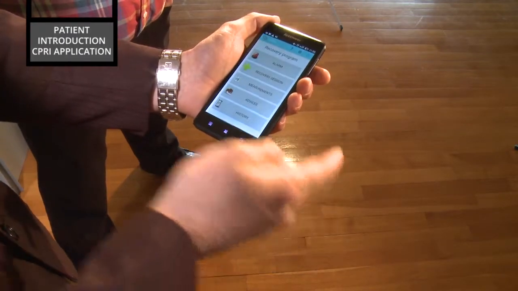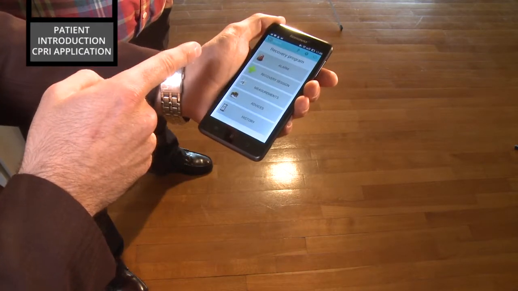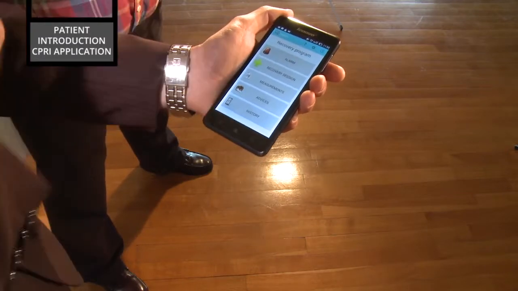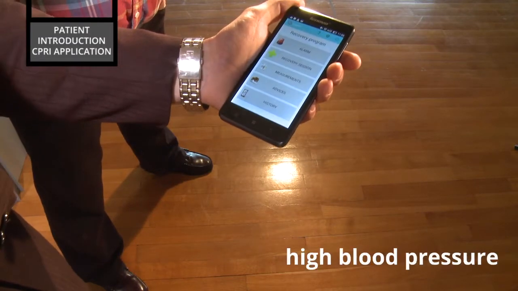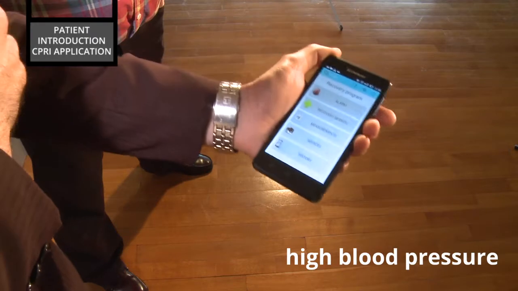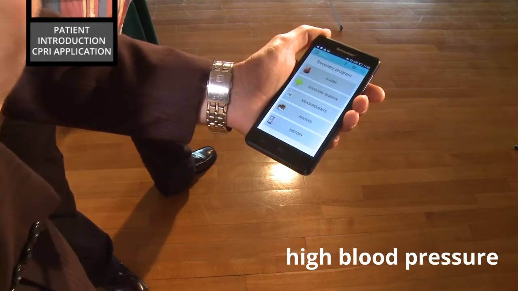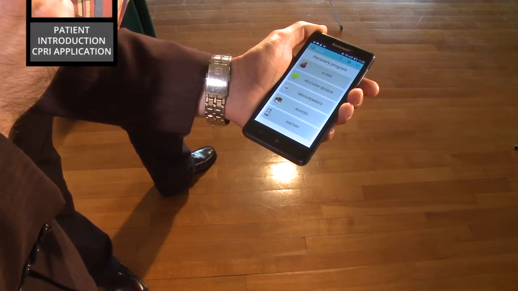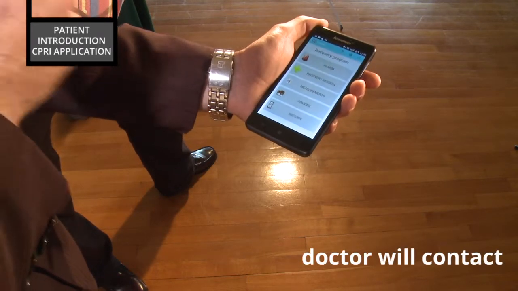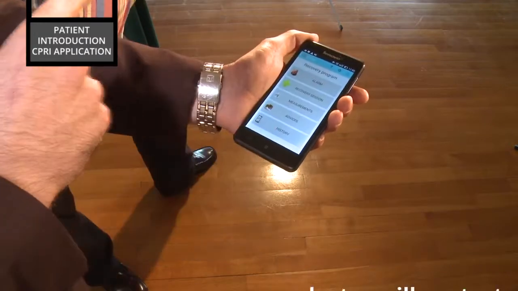Plus, the alarm will be started automatically if you have the devices on you. So if you measure the blood pressure and the systolic blood pressure is higher than 140, an alarm is automatically sent to the medical doctor, so he will contact you to see why the blood pressure is so high.